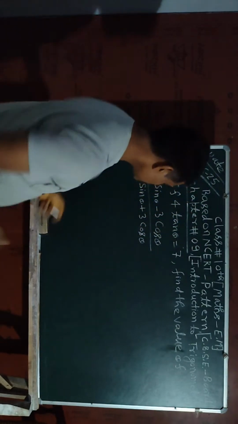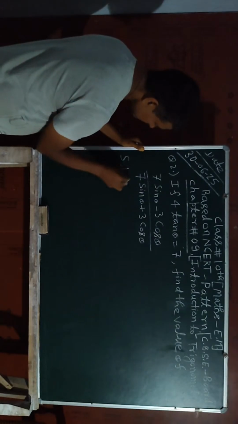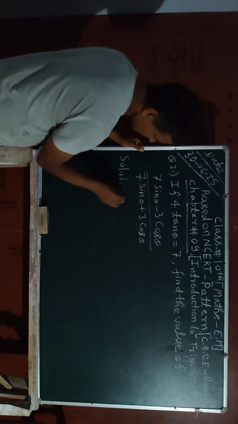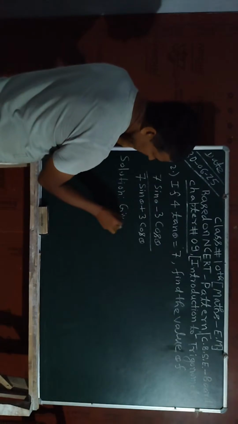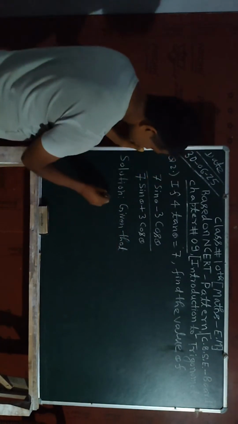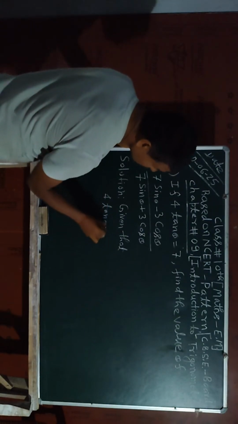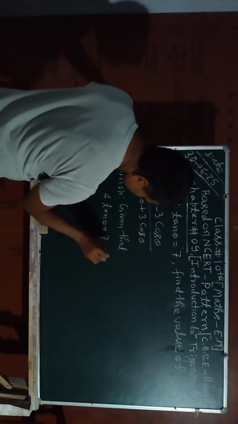First of all, you have to write here Solution, and then write Given that 4 tan theta is equal to 7. This is the information.